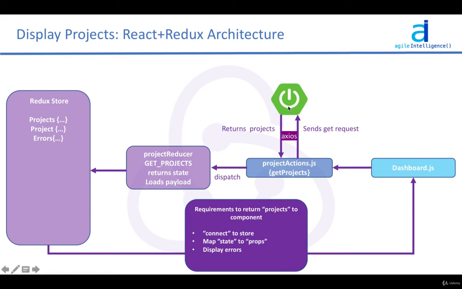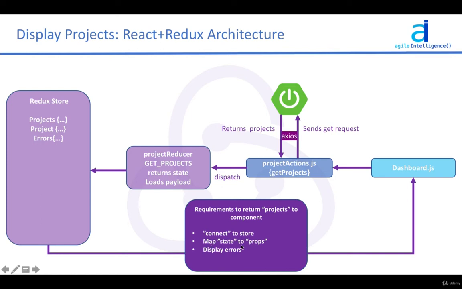It's basically going to call that backend endpoint with a get request. It's going to return our projects. Then we're going to dispatch the getProjects action and the payload containing the project list onto our Redux store. So the reducer is going to take that payload to the Redux store, and then we're going to connect the dashboard component to the store.